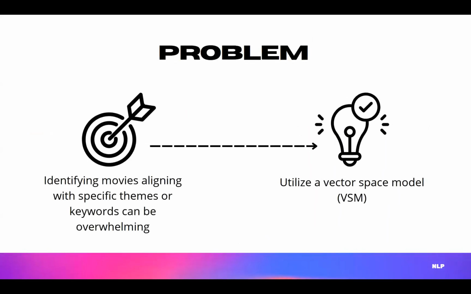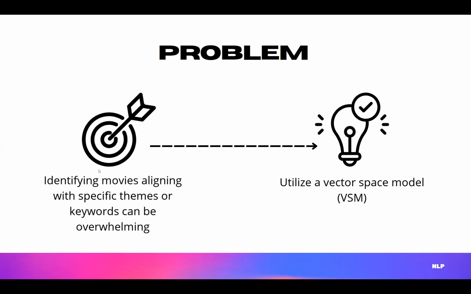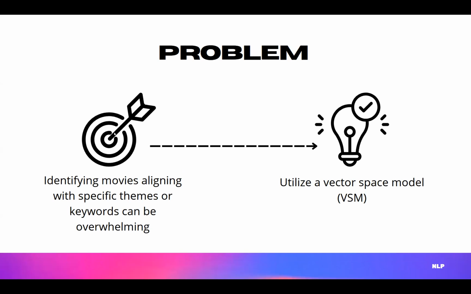So the problem was identifying a movie. Like I said, we needed to retrieve a list of movies from a given query, and to solve this problem, we decided to use a vector space model.